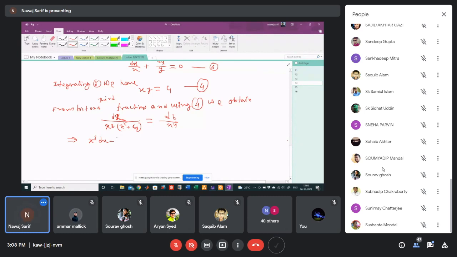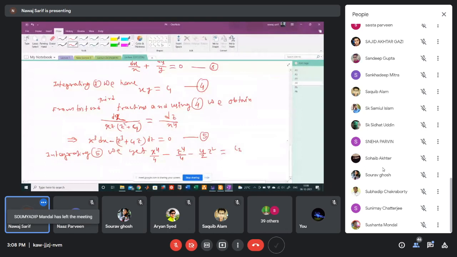Okay, so integrate equation 5 now. Integrating 5, we can write this as x to the power 4 divided by 4 minus z to the power 4 divided by 4 minus c1 by 2 z square, and write this arbitrary constant as c2 by 4.